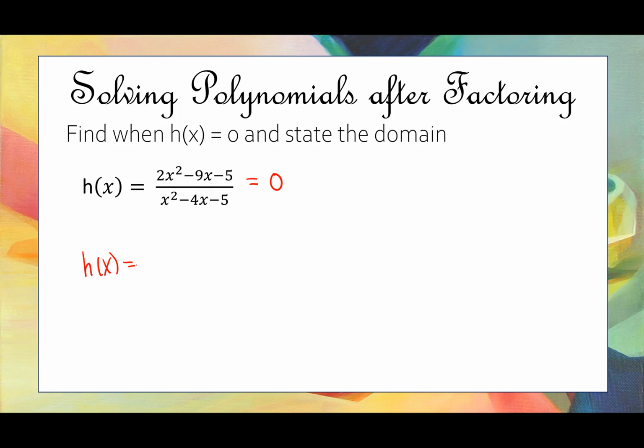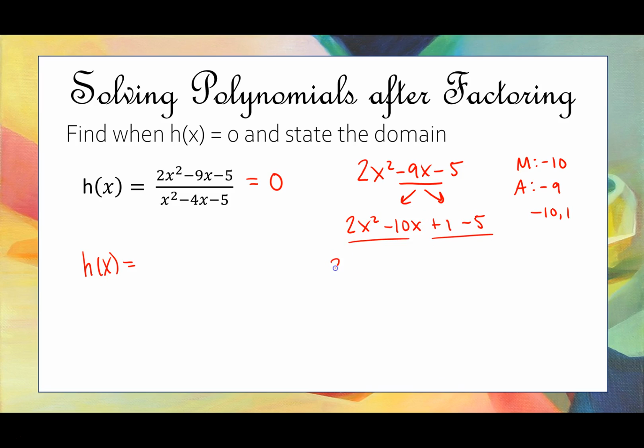And 2x squared minus 9x minus 5, I'm going to have to pull that off to the side. We're going to have to do that telephone method. Remember that? So I'm trying to multiply to negative 10 and add to minus 9. So that would be a negative 10 and a 1. So I'm going to split this up to a 2x squared, I'll put my minus 10x plus 1x, and then minus 5.